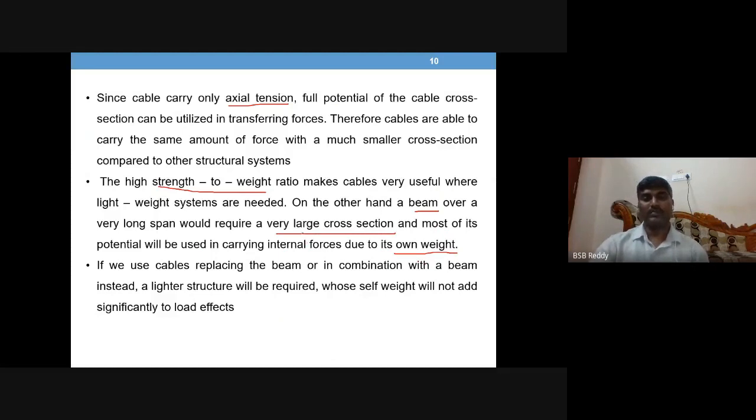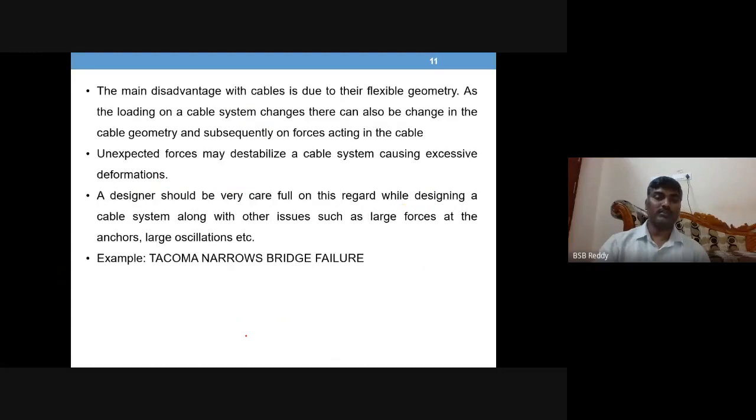This was explained when I was showing a picture of the bridge. So if we use cables replacing the beam, or in combination with a beam, a lighter structure will be required, whose self weight will not add significantly to load effects. So this is how the importance of the cable is.